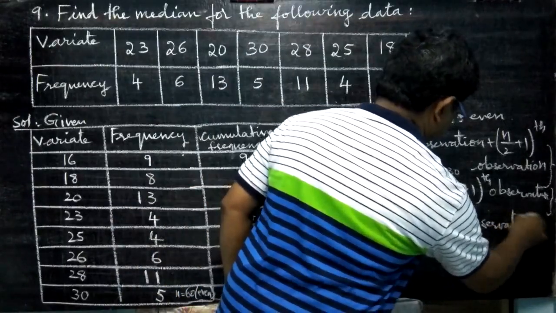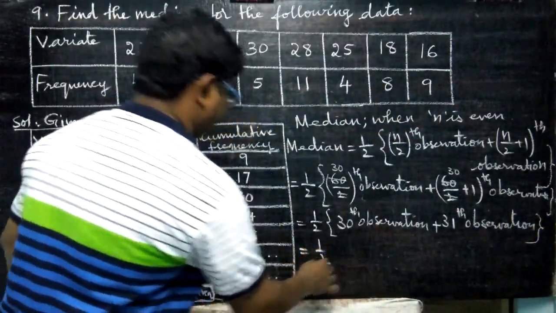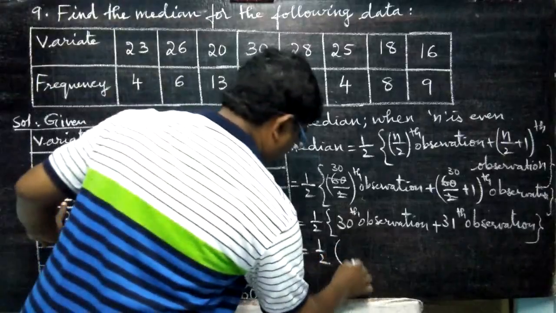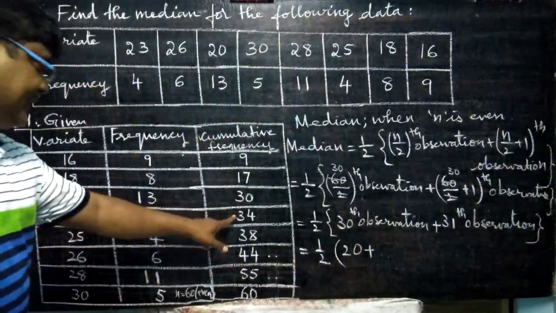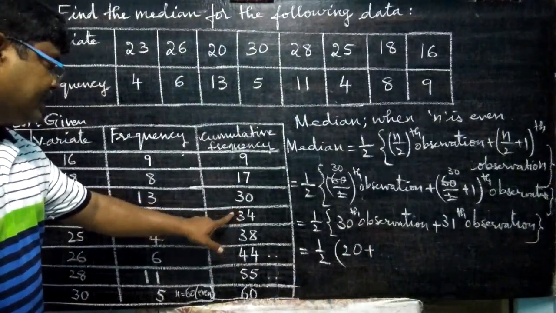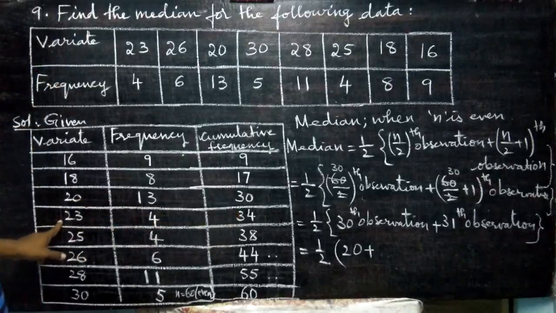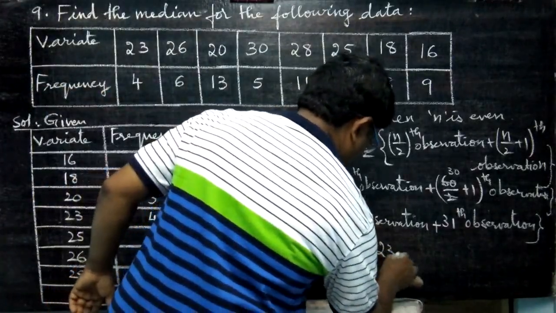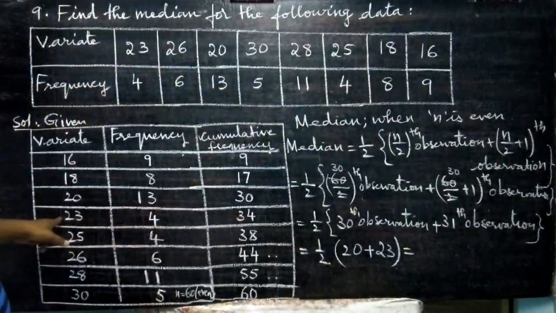So see the table now. Where is the 30th observation? The 30th observation lies in variety 20. So 20 plus, and 31 lies here. From 31, 32, 33, 34 varieties will be here. So how many are there? 23. Add. We want 31. 31 lies in this cumulative frequency.